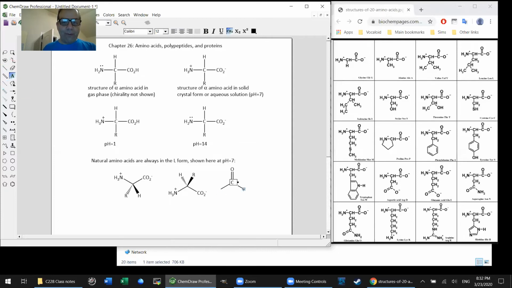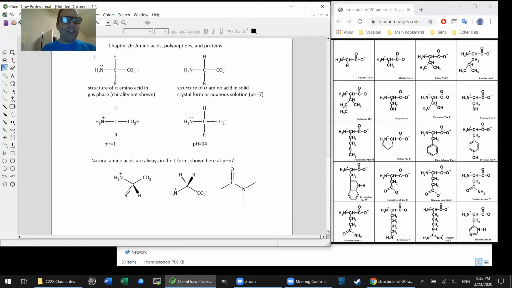And then over here will be our amino group nitrogen. And that will connect to the next amino acid residue. So that connection is invariant. That's how we connect the carboxylic acid carbonyl carbon of one amino acid to the amino group nitrogen of the next one.